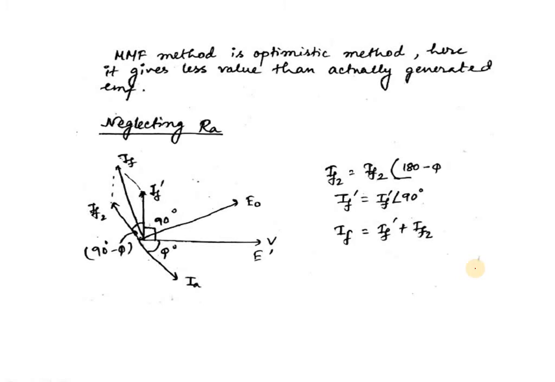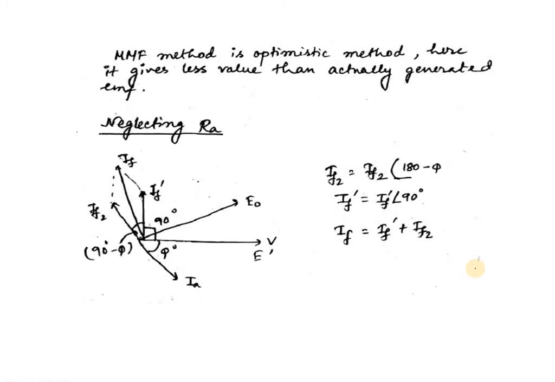The MMF method is an optimistic method, and it gives a lower value than the actually generated EMF. So, the phasor diagram at power factor cos phi, we are neglecting RA, and this is the curve where we have neglected the armature resistance RA.